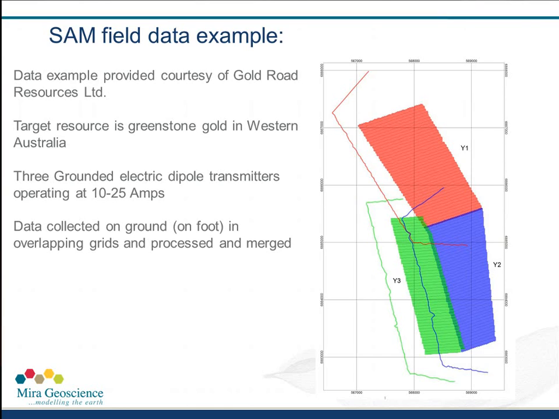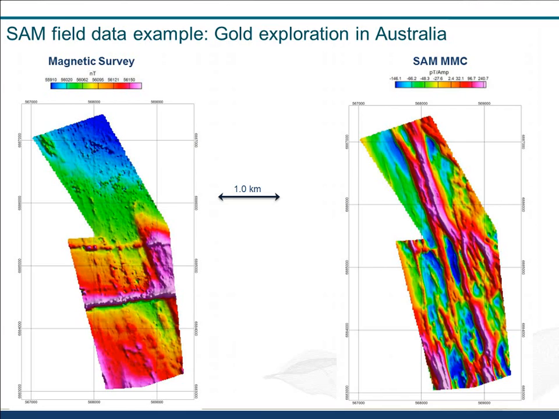This particular survey was done on foot. It could have equally been done using an airborne system, but I guess the economics dictated, or the speed required, to use the ground acquisition.